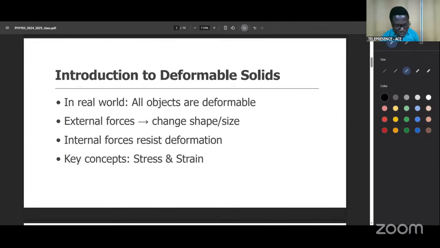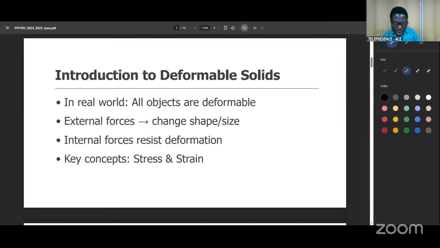It's just the force over the cross-sectional area of that material. And the unit is Newton per meter square. The unit for force is Newton, while the area is meter square.